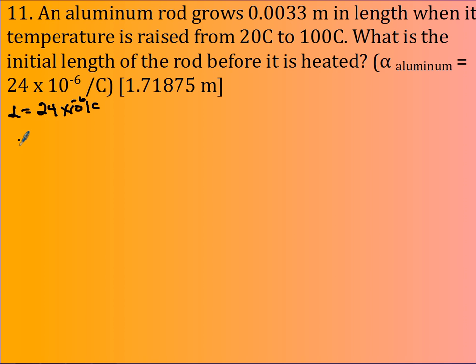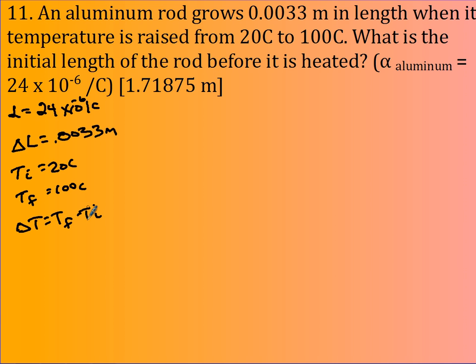So that's my delta L. The temperature starts at 20 Celsius and T final is 100 Celsius. So delta T is T final minus T initial. So it's 100 minus 20, or 80 Celsius.